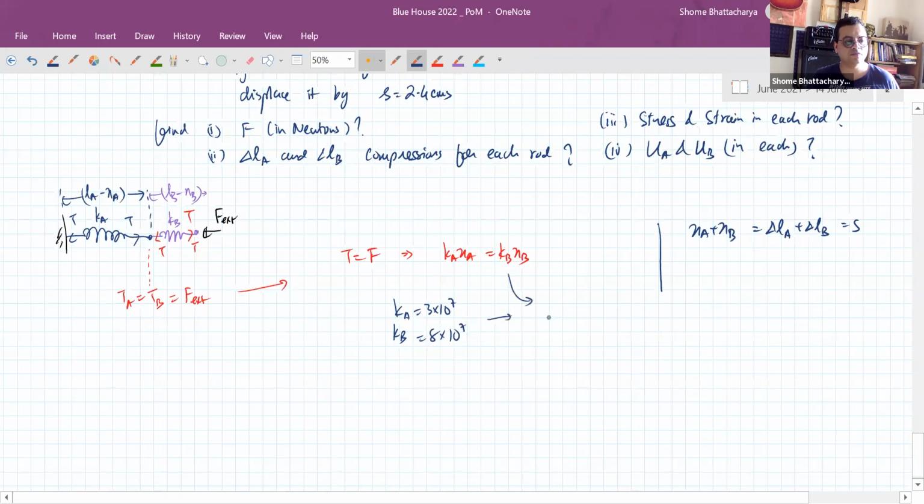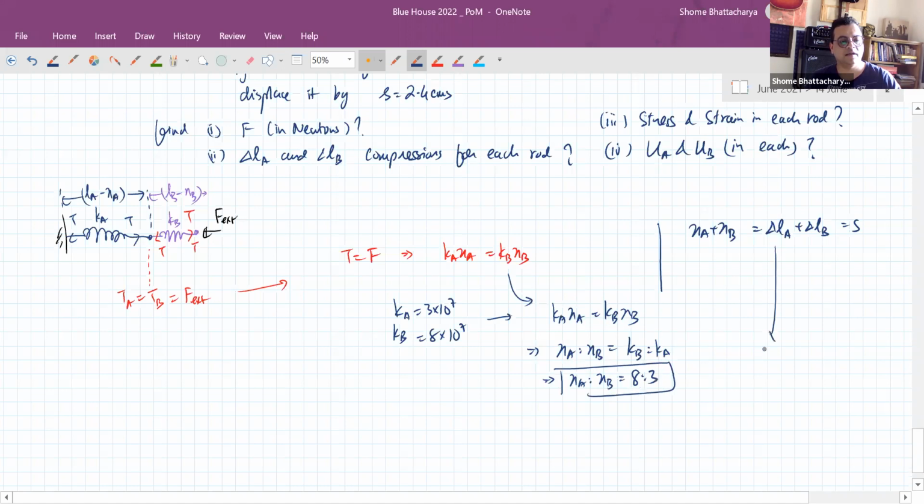So from this you have the ratio of Xa to Xb is the inverse ratio of the spring constants. So 8 is to 3, and Xa plus Xb is equal to S, which was given to us as 2.4 centimeters.